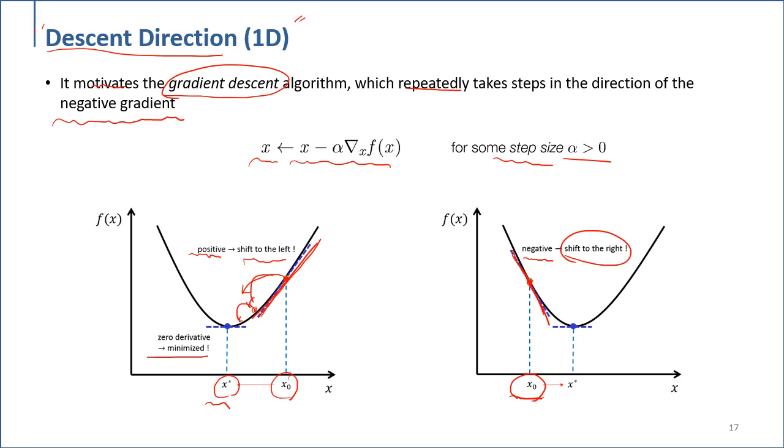So by updating x0 with a negative gradient, you may obtain a smaller value, and by keeping on updating, you will obtain the zero derivative, which is equal to the minimized solution.